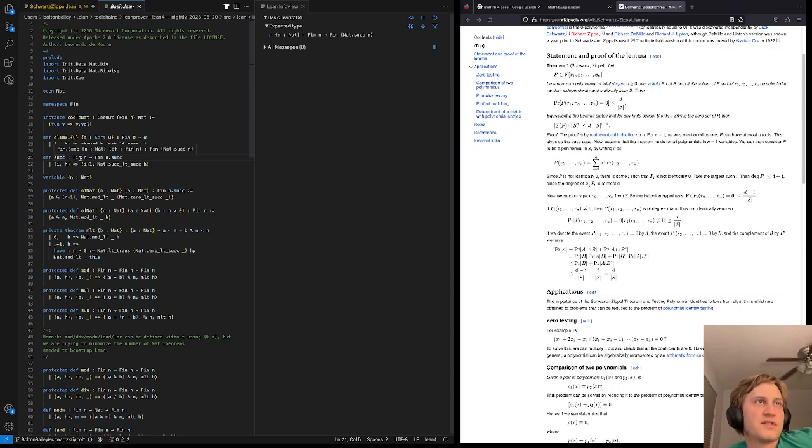So fin.suck is a function from fin n to fin n suck, which takes i to i plus 1. Okay, very simple.